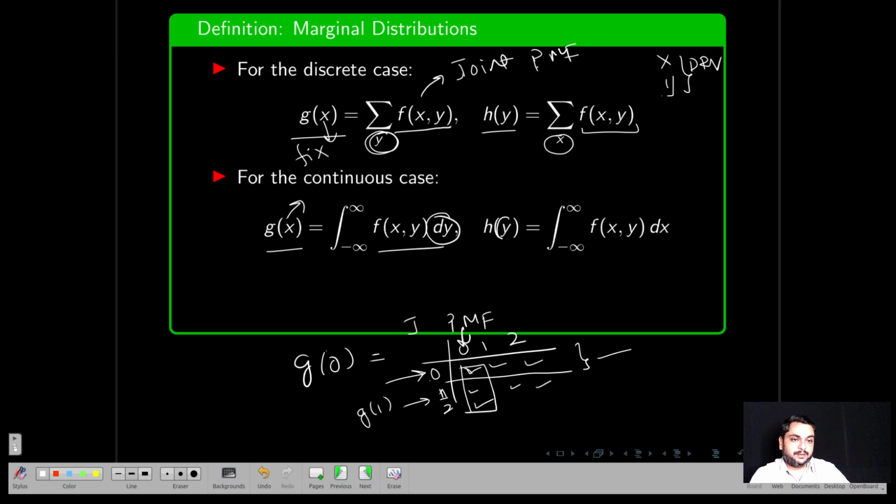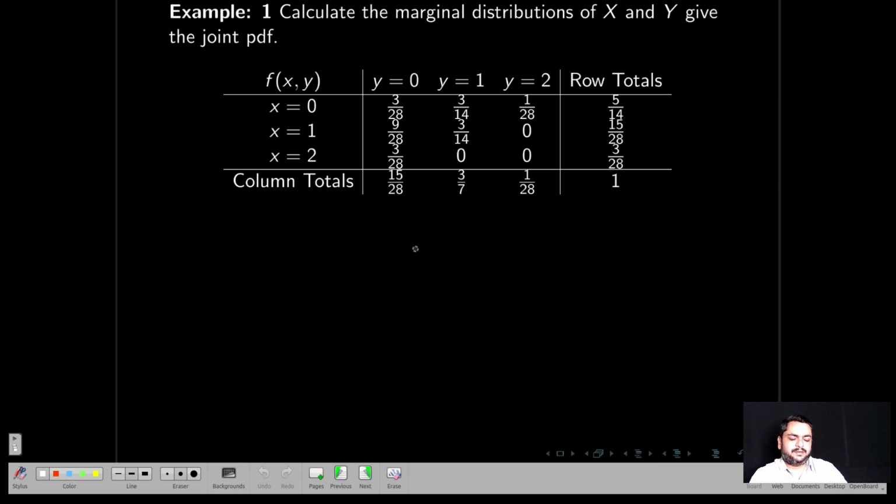Similarly, the marginal probability distribution of y, h(y), is given by the joint PDF f(x, y) integrated over x. Because here x is fixed and y is varying, and there x is varying and y is fixed. So that is the definition. We will see some examples, and you will understand.